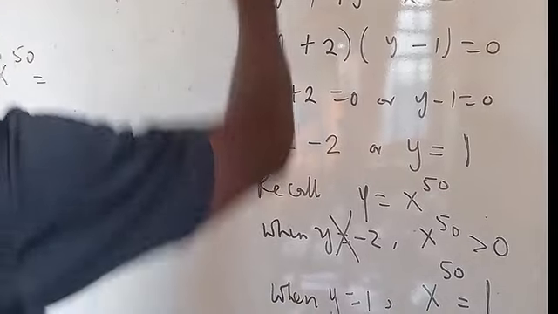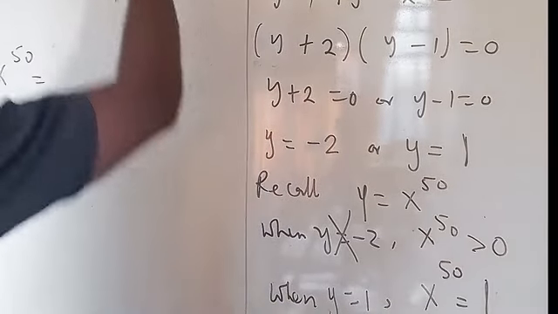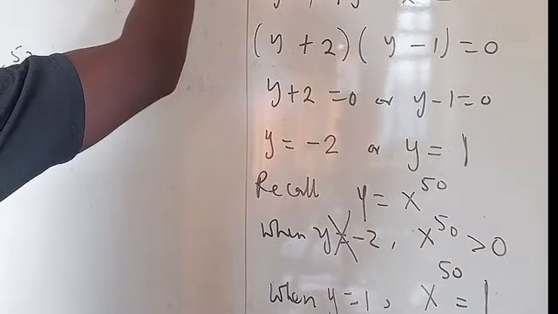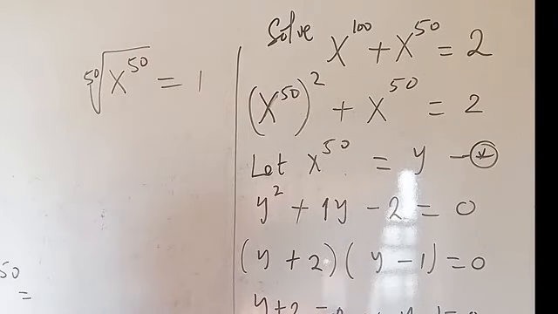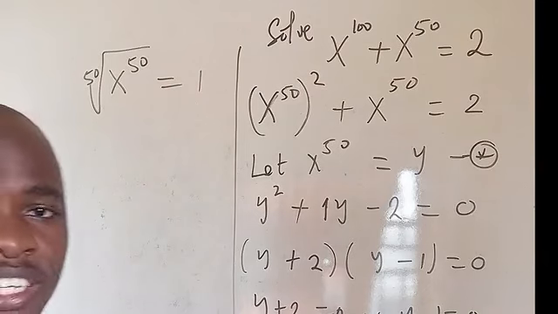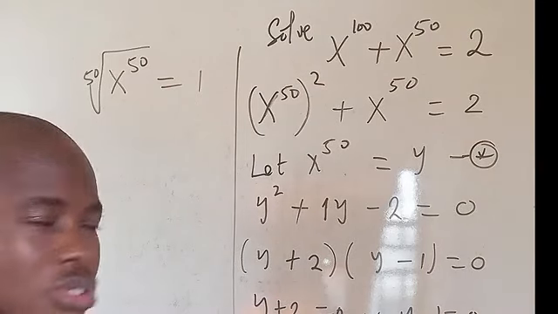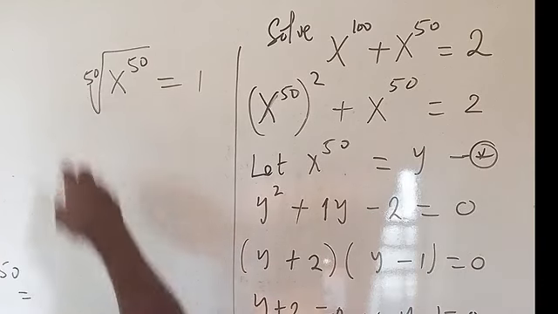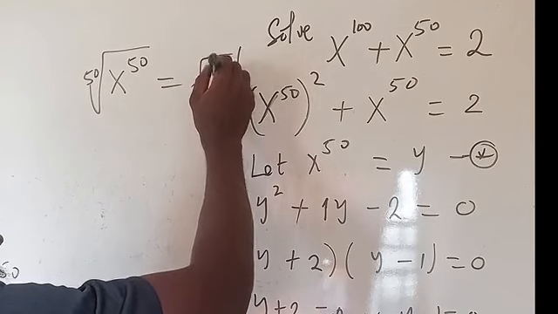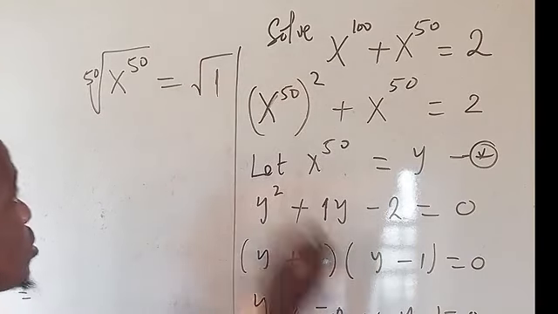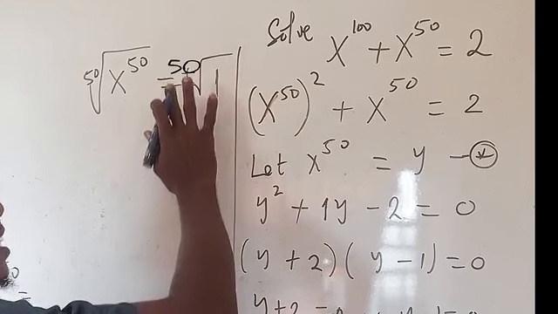So when you have x to the power of 50 equals 1, you take the 50th root, but since you are taking an even root, because this 50 is even, we're going to have both positive and negative values.